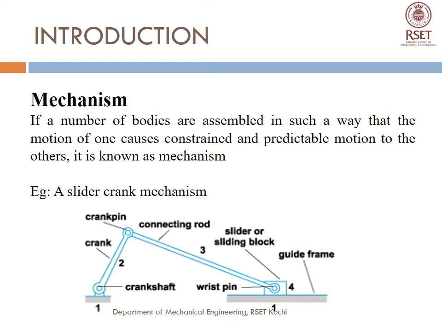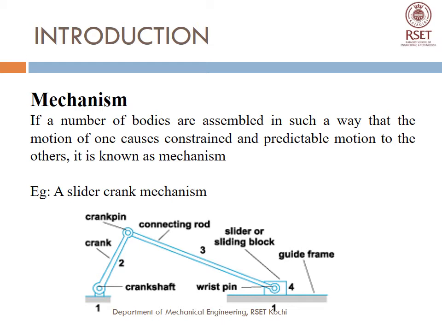In case of a reciprocating IC engine, we know that the displacement of the piston, which is represented by link 4, the sliding block, as you can see from the figure, actually depends upon the length of the connecting rod and the radius of the crank. All these are factors which determine the displacement, or the distance covered by the piston, when the crank is rotating.